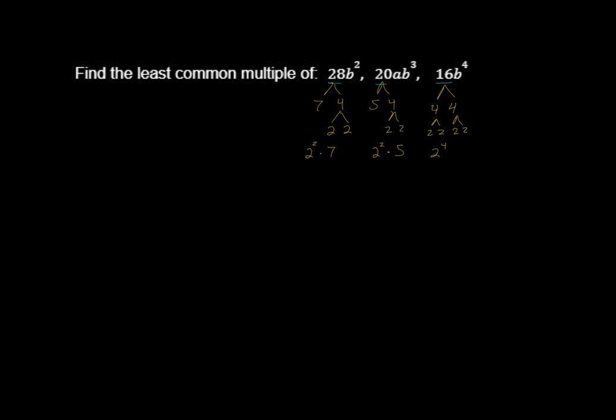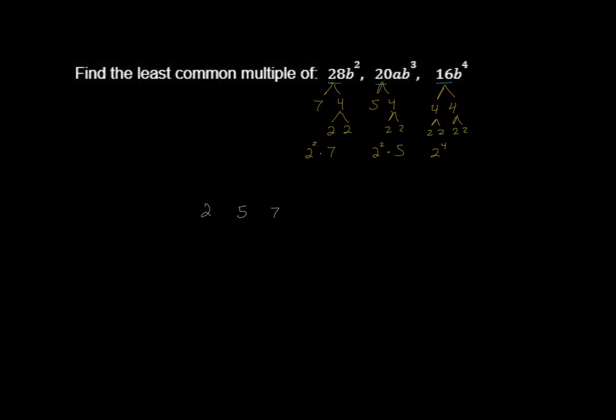But with bigger numbers, it becomes easier just to look at the prime factors. So to find the common multiple from the prime factors, I take each factor I see. I see 2, I see 5, and I see 7. And I take the highest power I see of it in any one expression.